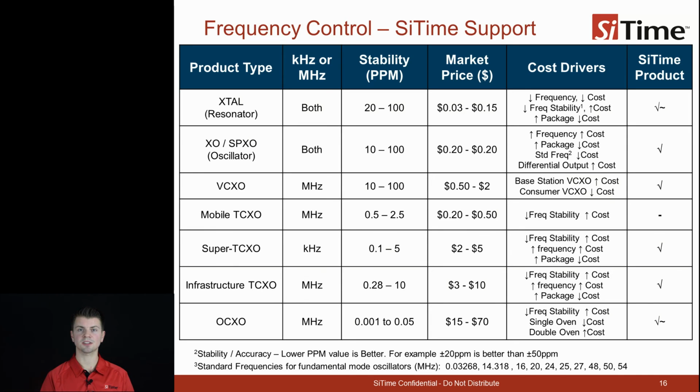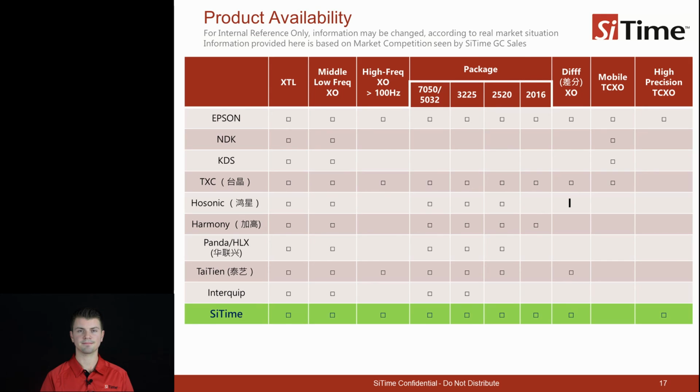Ovenized crystal oscillators are the most expensive because they require a heating element, temperature sensor, feedback control circuitry, and an insulated chamber, which obviously adds extra cost. The other high cost element is the SC cut crystal, which is significantly more expensive than AT cut crystals. The highest stability OCXOs are comprised of 2 ovens, one inside the other, adding even greater cost.